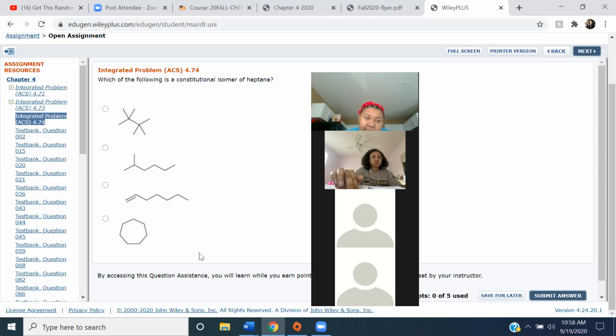The ending is A-N-E, which means it's all single bonds, so that takes out the third one. The first one has an extra carbon: 3, 4, 5, 6, 7, 8, 9. Yeah, it has 8 carbons. Okay, got it.